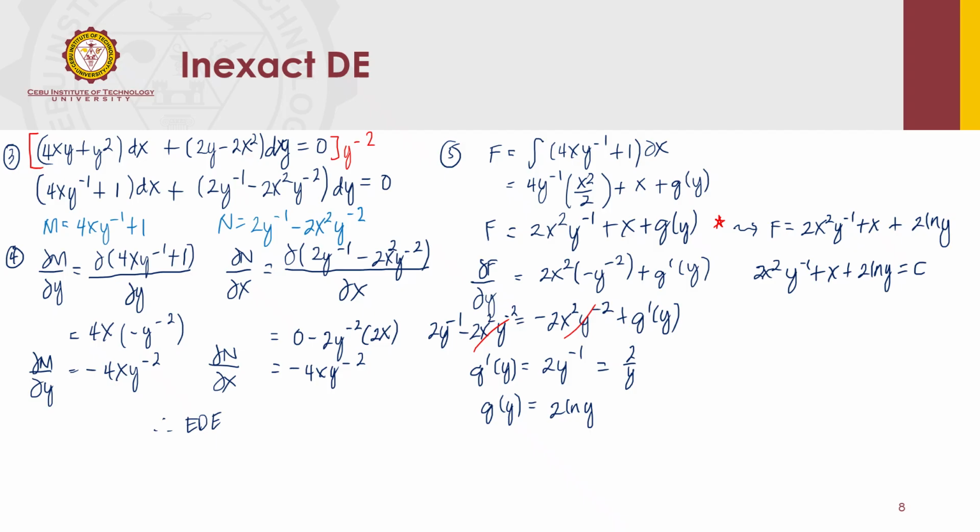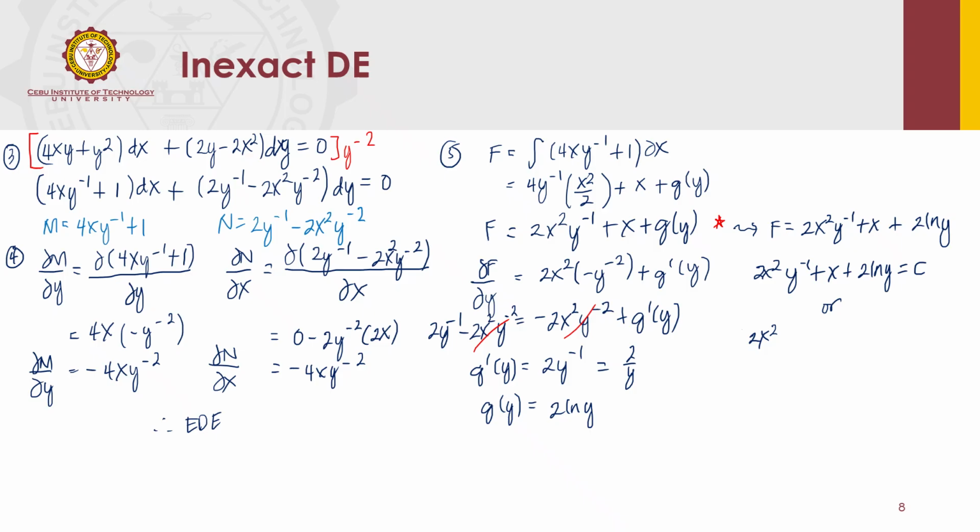Or maybe in some books, they don't put an expression with a negative exponent. So we're going to multiply the whole equation by y to remove this y to the negative 1, meaning that's y to the 0.